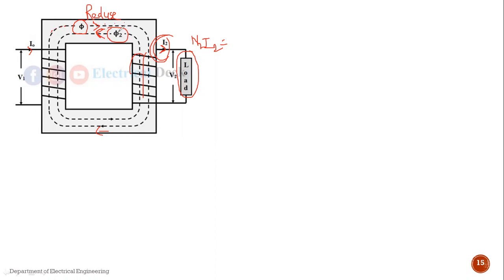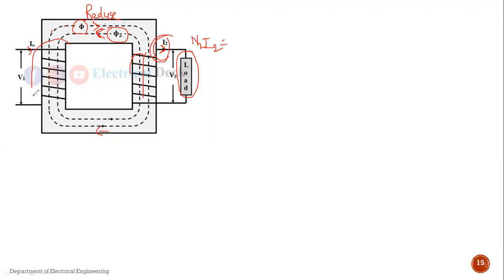Due to this flux being opposite to the main flux, some of the flux will cancel out, and the resultant flux or the final flux value will be reduced. Okay, the final flux value due to the primary current will be reduced. So the resultant flux will be reduced.